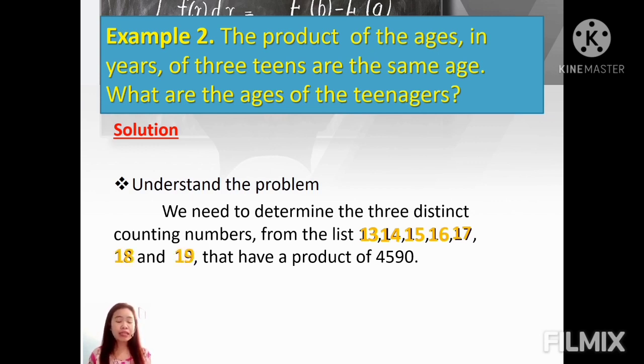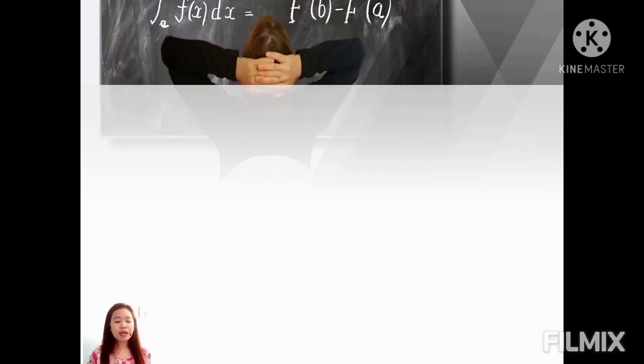Beyond those integers na na-mention are no longer the ages for teenagers, di ba? Kaya we can only consider the numbers 13 hanggang 19. Now, among these numbers, ilan yun? 7 numbers. We have to find 3 numbers such that yung product daw nila will have 4,590.